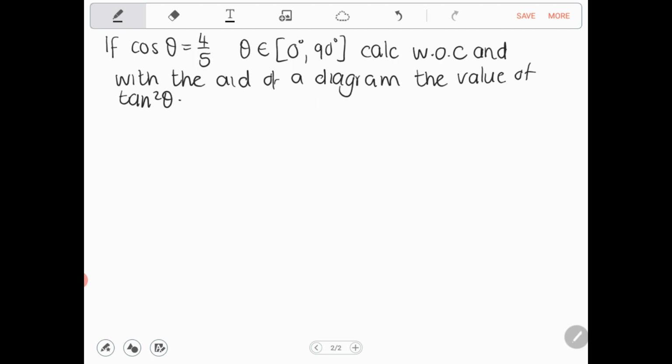Okay, so when you see these kinds of questions, when they talk about a diagram and without a calculator, we can see that it hasn't got anything to do with special angles, so it's about trig on the Cartesian plane. They're telling you we're working on the Cartesian plane.